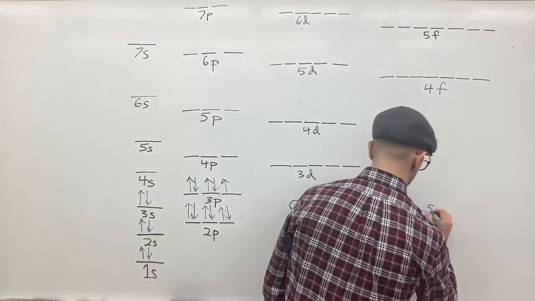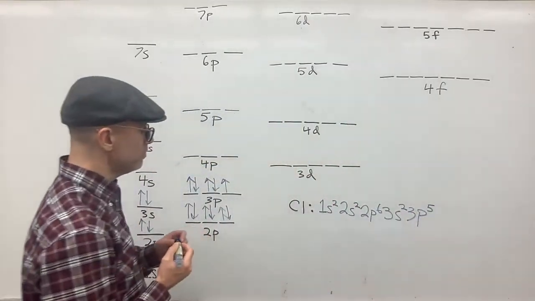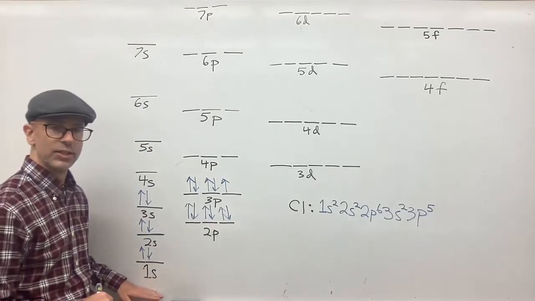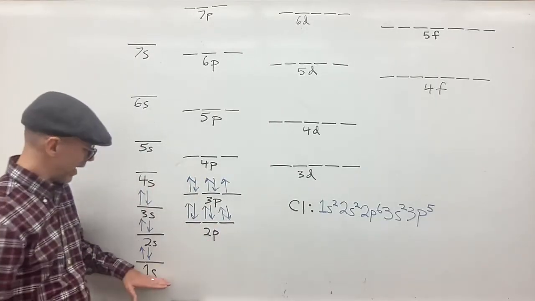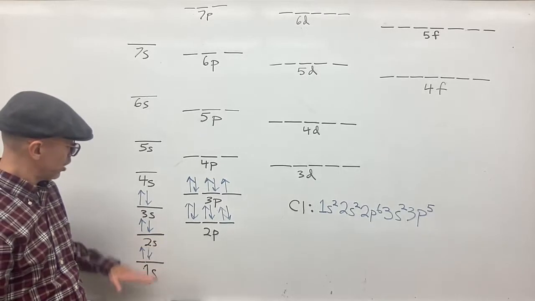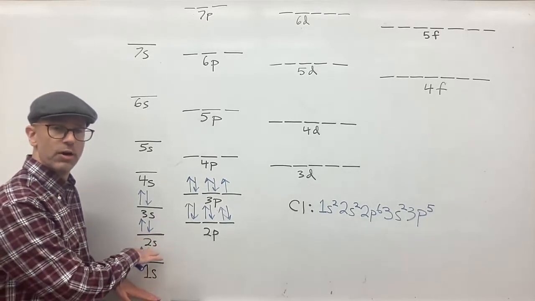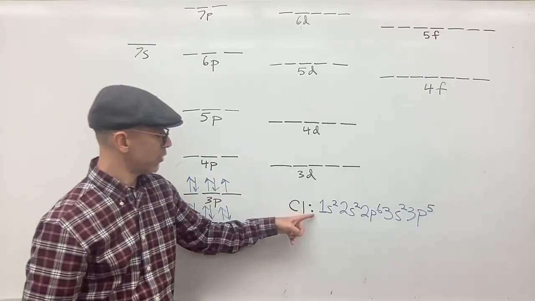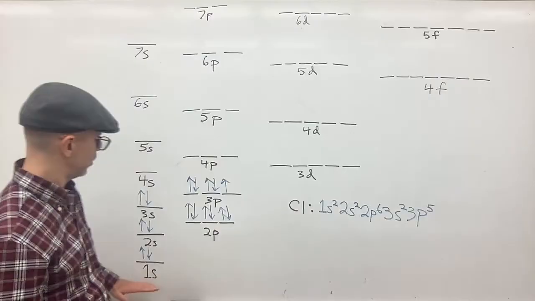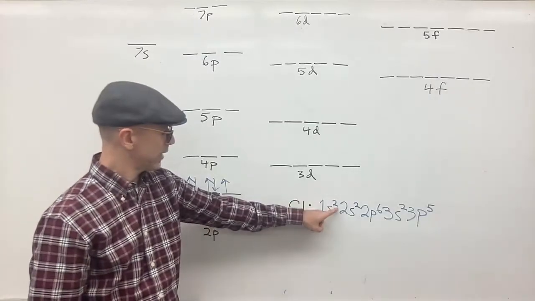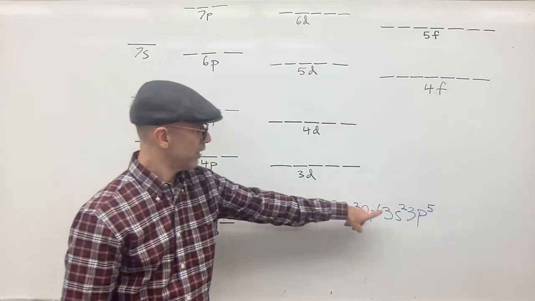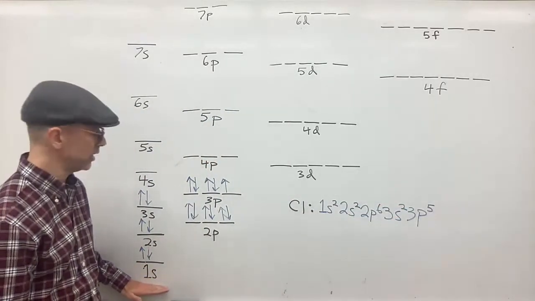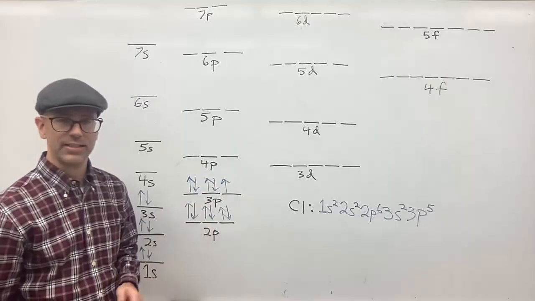So there it is. So the order of the electrons in my chlorine atom is written out from lowest energy to highest energy, and all I do is I write it out this way in the same order, writing down the number of electrons that I have in each sublevel, going from lowest energy to highest energy, and that's it.